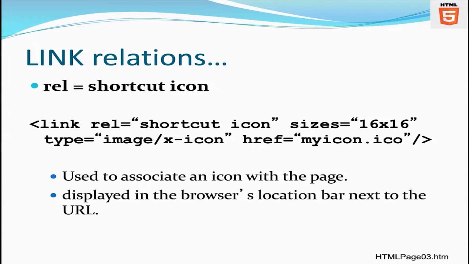Let me say that again. Previously, we used to call this a fave icon or a favorite icon. Now, it is being called a shortcut icon. So it's a change in nomenclature. That's about the difference here, apparently.